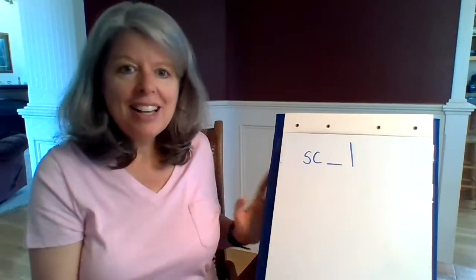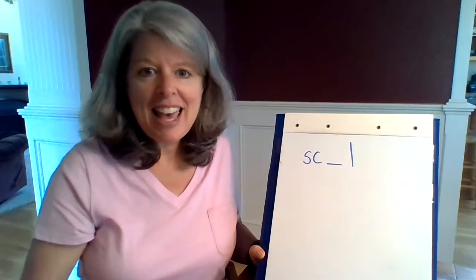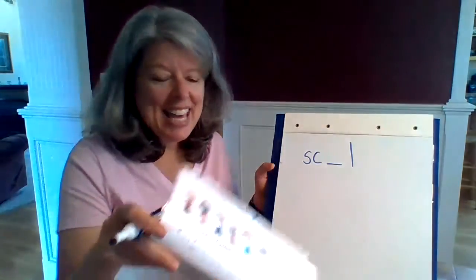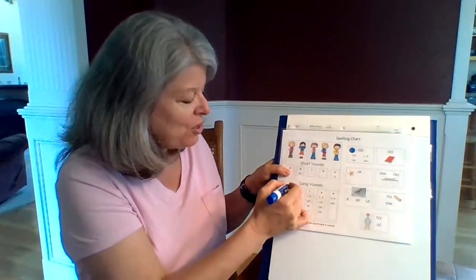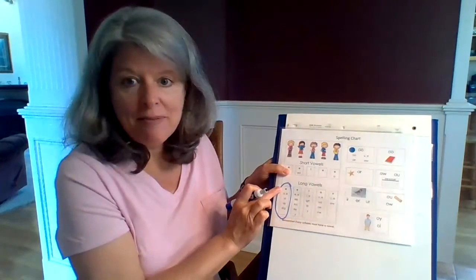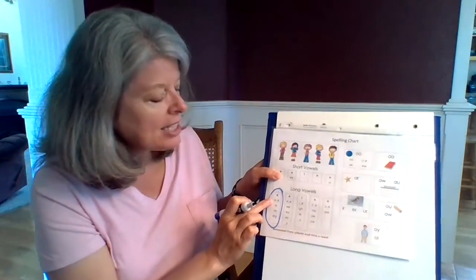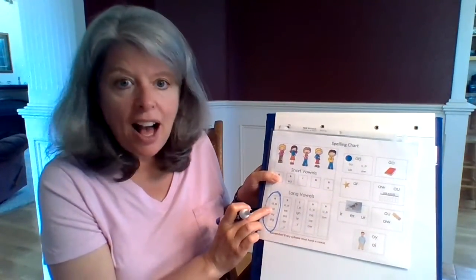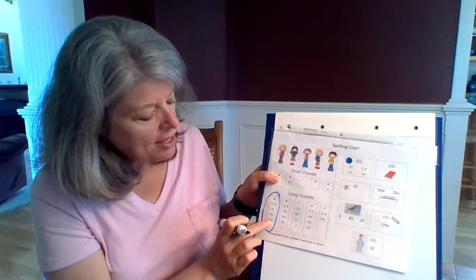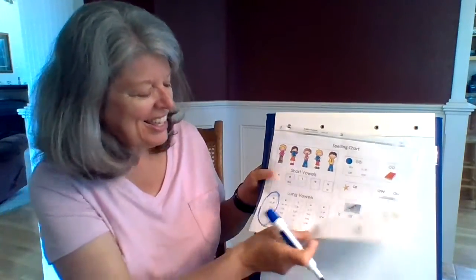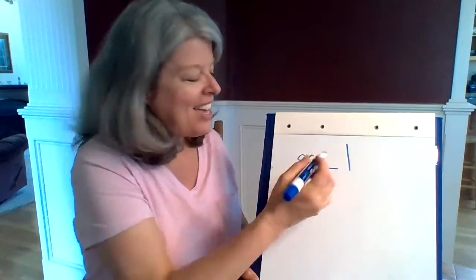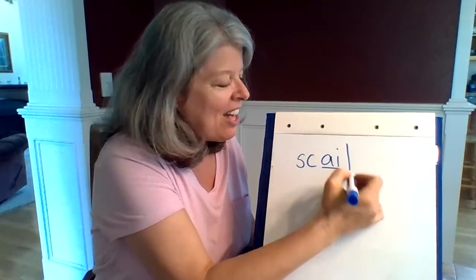Scale. All right, what's the vowel sound in scale? A. Is it short or is it long? Long. Look at all the choices. We have A blank E, that's silent E, A-I, A-Y, E-I-G. Which one did you try? I'm going to try A-I. Scale.